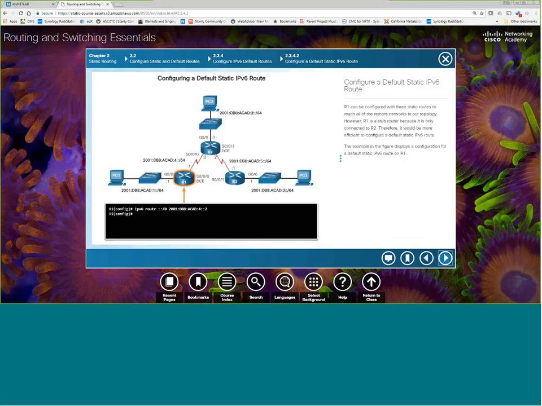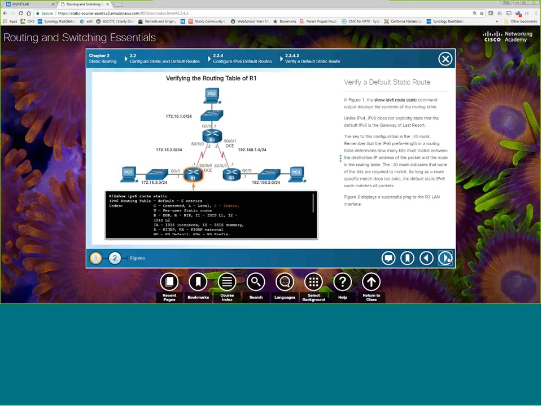So again, here we could do a default route up to R2, a default route up to R2 from R3, also IPv6, and then R2 could have one route to ACAD 4 and one route to ACAD 5, which, by the way, are subnets of the ACAD /48 network, and that would be perfectly workable and everything would be fine.